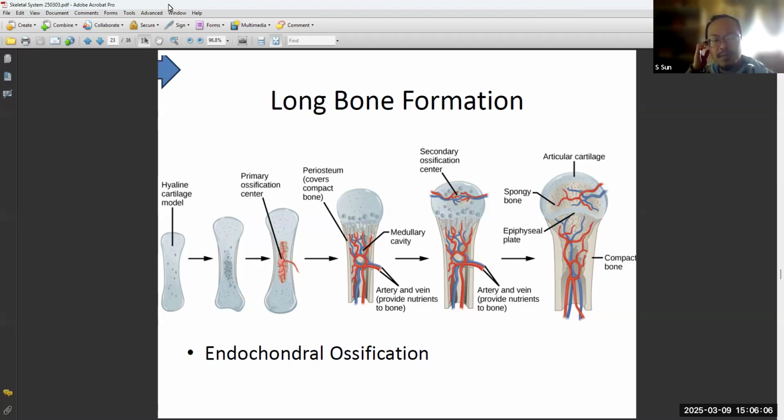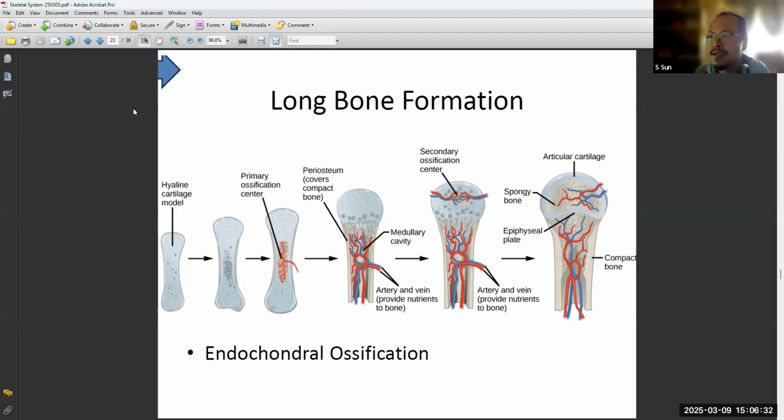Cartilage and bones are two large members of the skeletal system, and they basically come from the same source. Before we have the bone, we have this soft cartilage. Here I'm showing you an example of bone formation using a long bone.